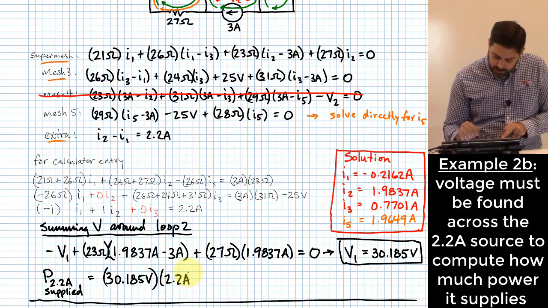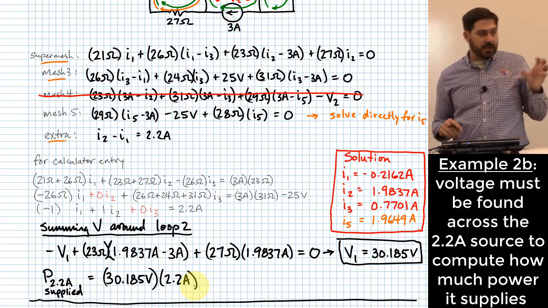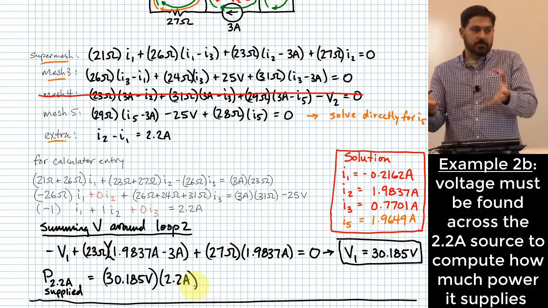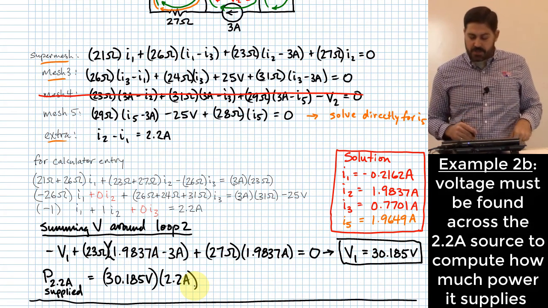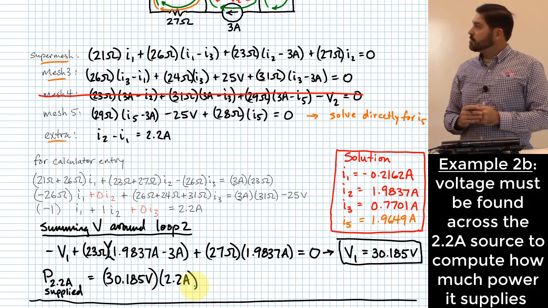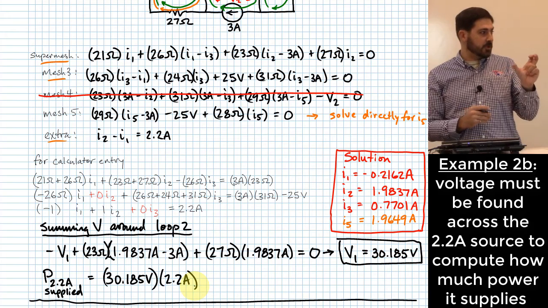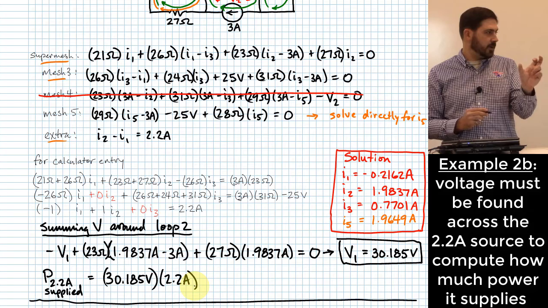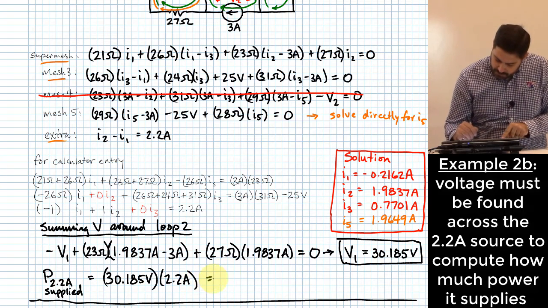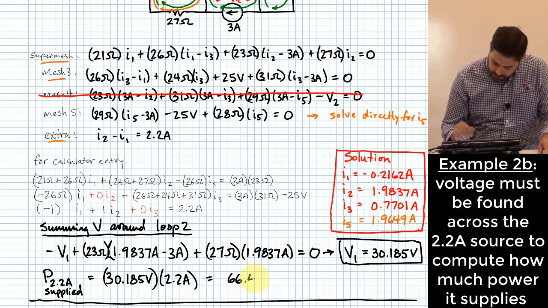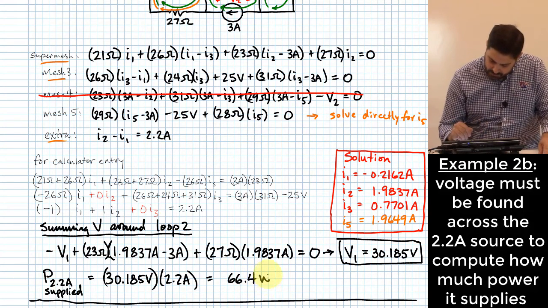Because I set up my voltage direction to begin with by assuming it was supplying power, I just take these numbers directly. I wound up with a positive number for V1, which confirms the direction I assumed, which confirms that I'm supplying power, not absorbing it. And so this is a positive 66.4 watts. And that's the answer.